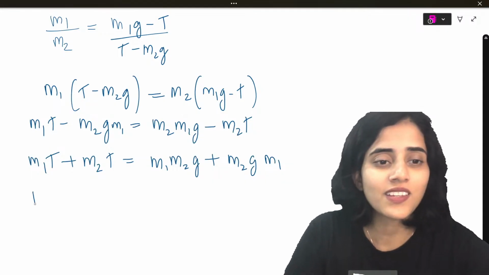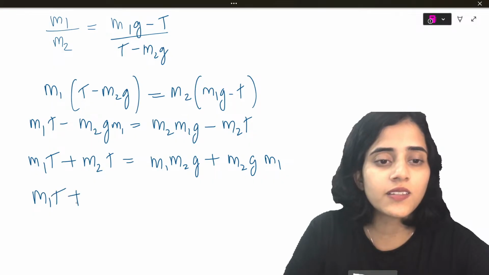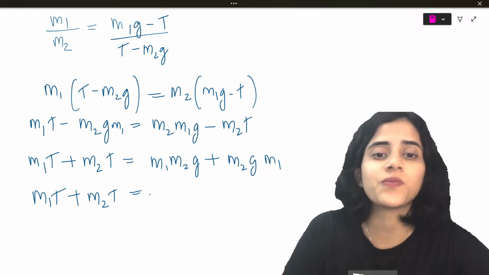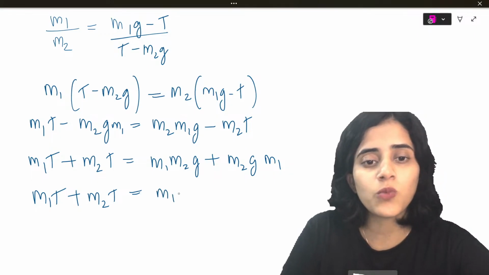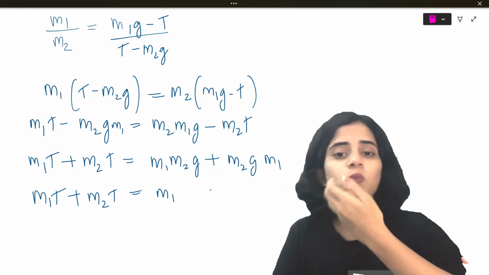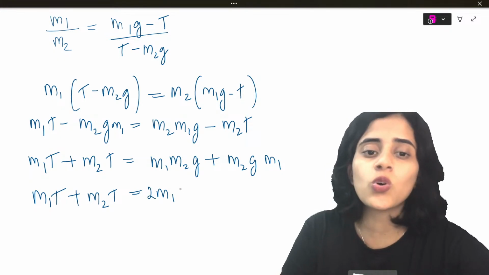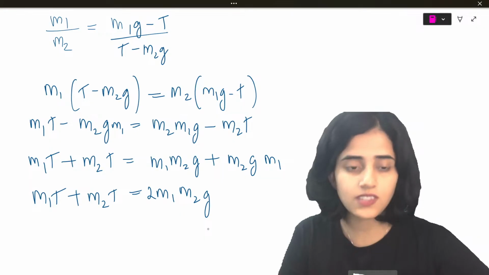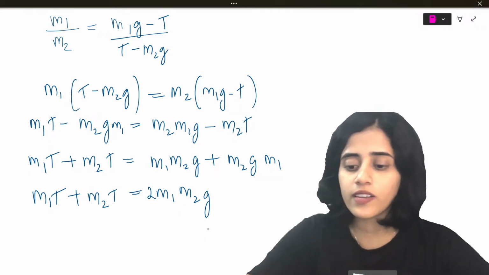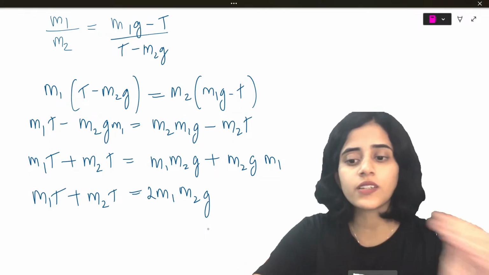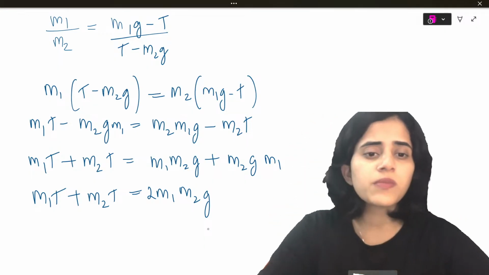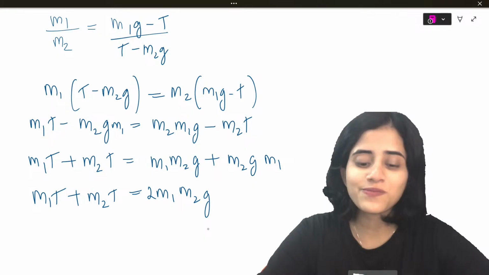Okay. So m1T plus m2T is equal to m1 m2g plus m1 m2g, which is 2 m1 m2g. So nothing else but 2 m1 m2 into g. From this you can easily find out T. Quickly do it.